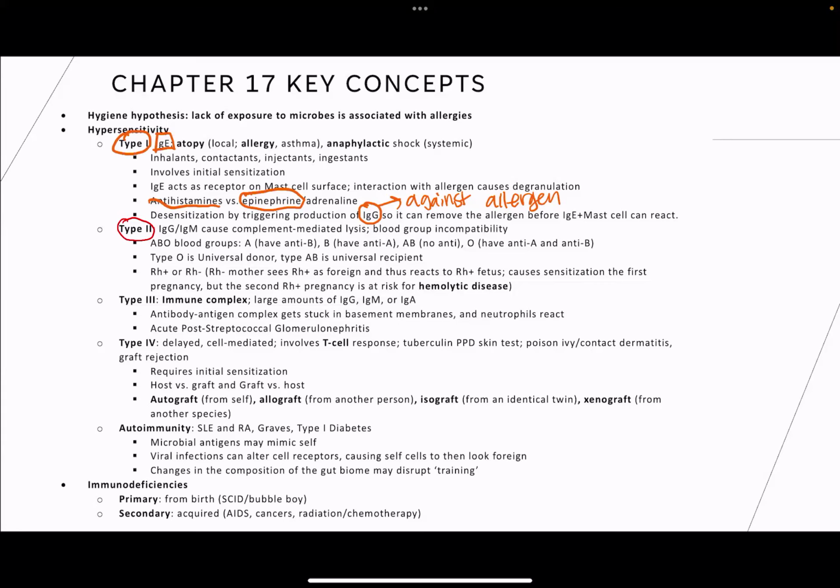If you are an AB, A looks normal to you, B looks normal to you. And then O is basically the absence of A, so A will look foreign to you, and the absence of B, so B will look foreign to you. So both look foreign to them, so they have antibodies against both. And so those are the things that I'll ask you about on the test.